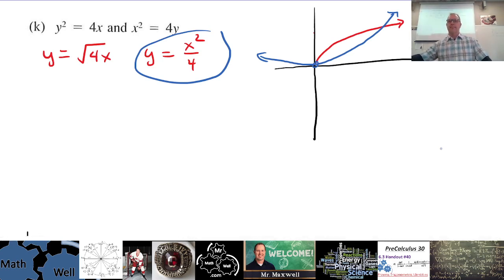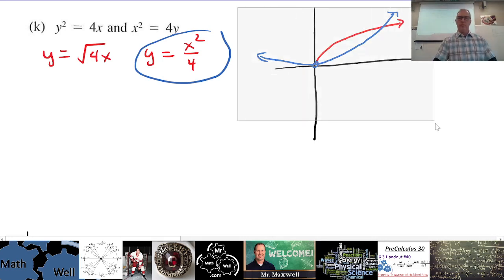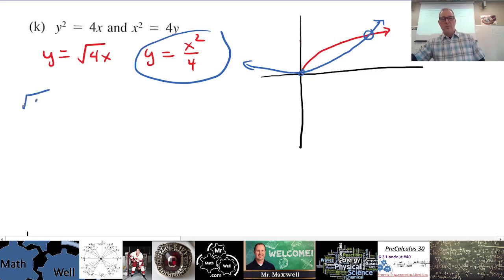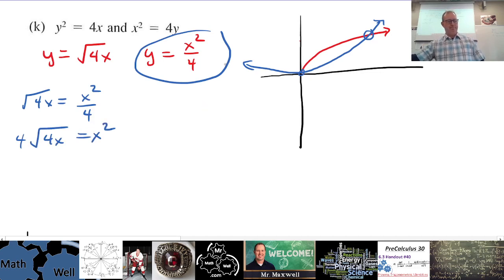Okay. So we got a parabola and we have a square root function. Okay, so where is this? We need to find the intersection point. So we need to let them equal each other and see what we can do to solve. So root 4x equals x squared over 4. 4 root 4x equals x squared. All right. Should we take the square root of both sides here maybe? Let's take the square root of both sides, see what we get.